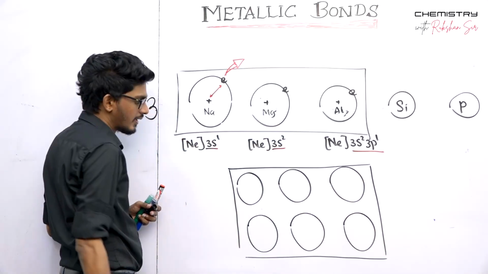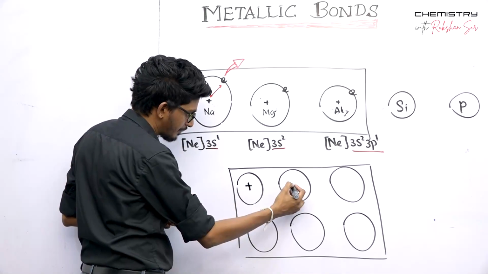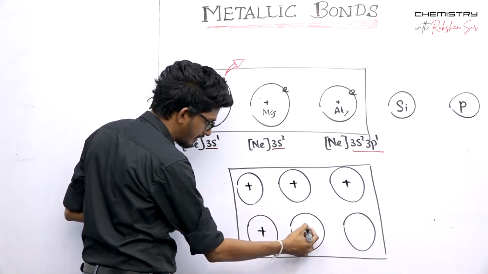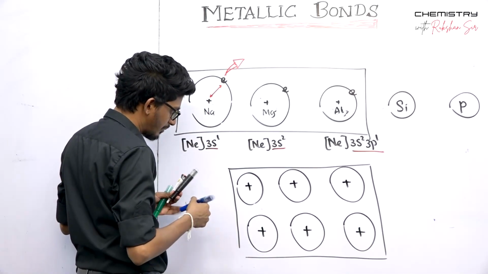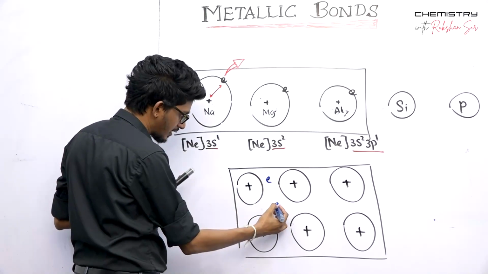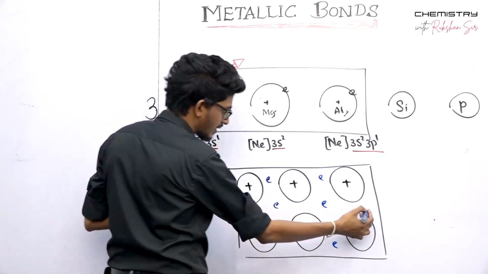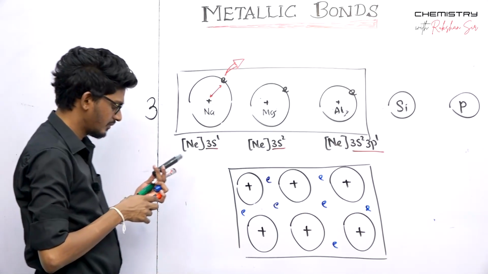After releasing the electrons, metals come up as positive ions. The released electrons will be in the vicinity of these ions. This kind of structure is possible with metals.